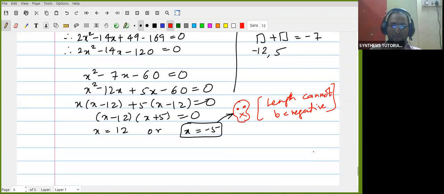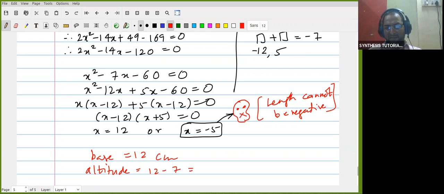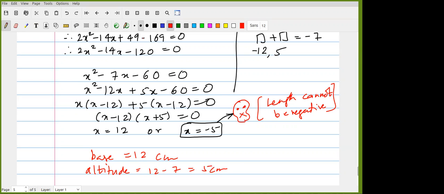So I know that my base is 12 centimeter. So how much will be my altitude? 12 minus that is 5 centimeter. All of you agree?